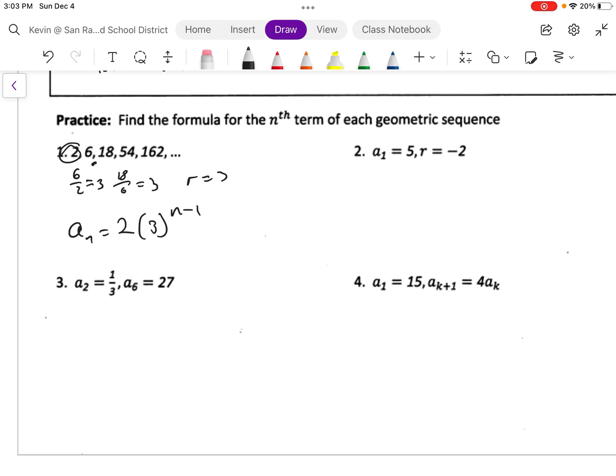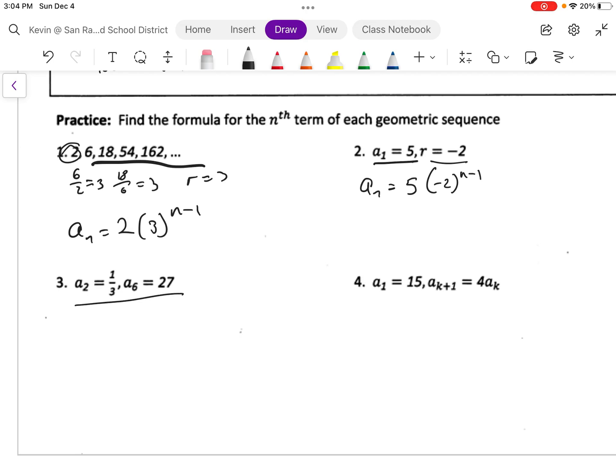So we could find any term in this sequence by using that formula there. Come over here, same idea, a sub n equals the first term, 5, times r, negative 2, to the n minus 1. And we can find any term in that sequence.